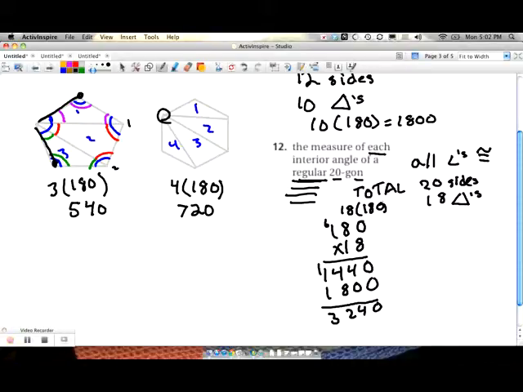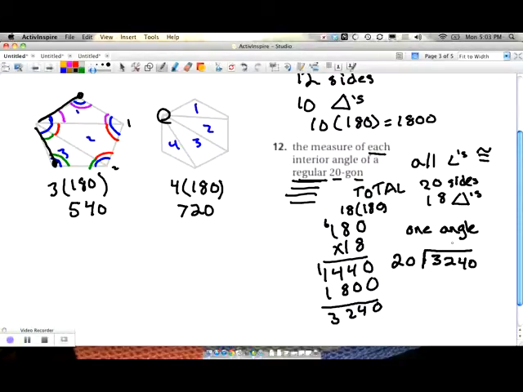Now, that's the total. But what did it want? It wanted just one angle. If I'm trying to find one angle then, what I should do is take the total, which is 3240, and divide that by the number of angles.